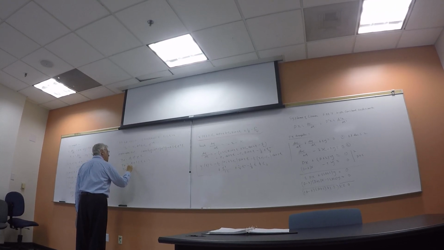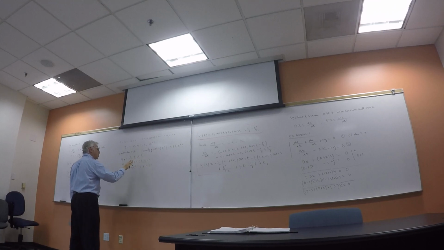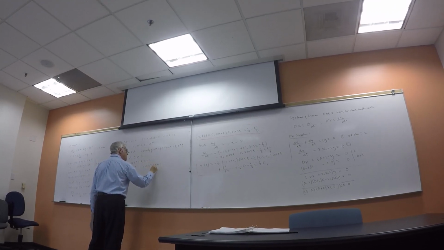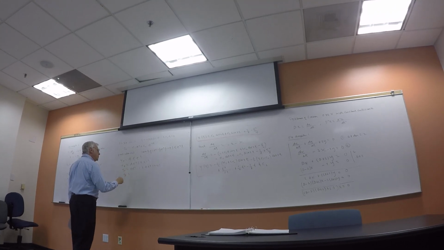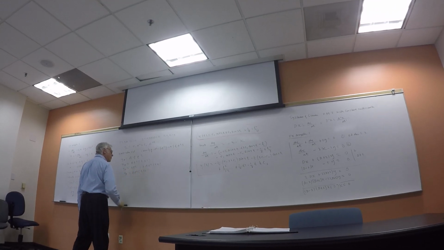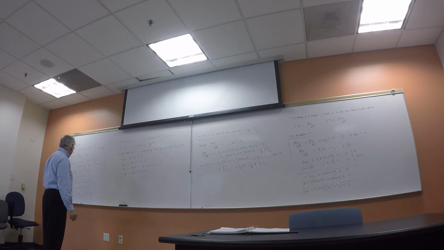yp dot, you get A e to the t, t plus 1, is that right? Let me just do it quickly. I get A t e to the t plus A e to the t, yeah. And yp double dot, I differentiate A t e to the t, I get that plus A e to the t, and differentiate the other, giving A e to the t, t plus 2. Right? A e to the t plus A e to the t. Okay. So now we have all our derivatives.